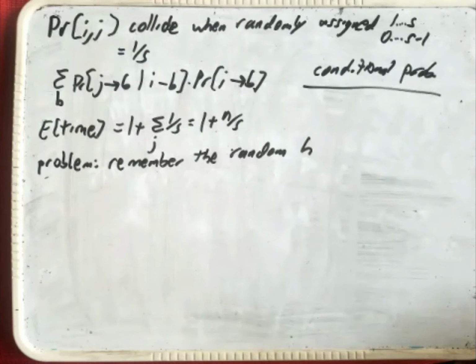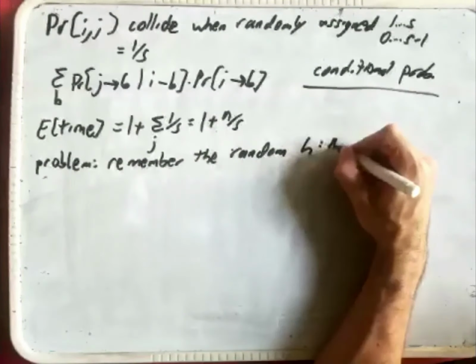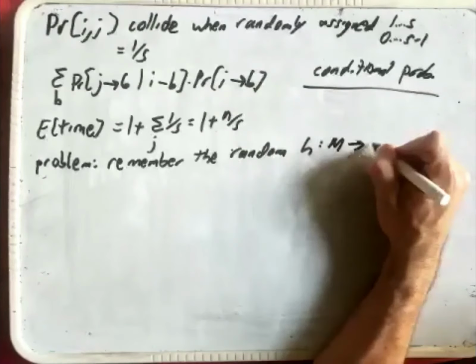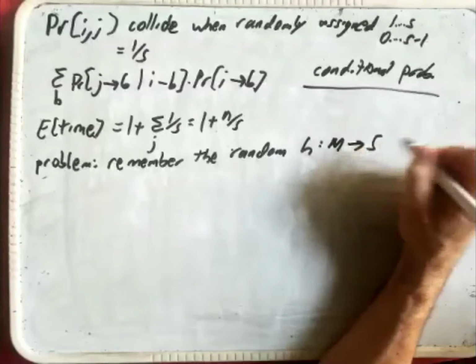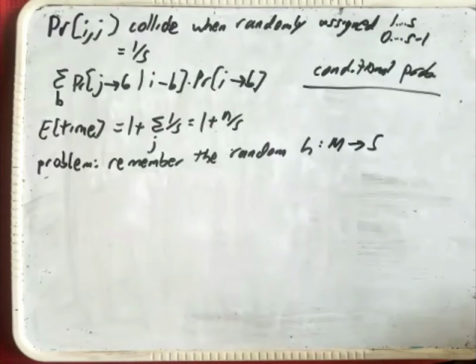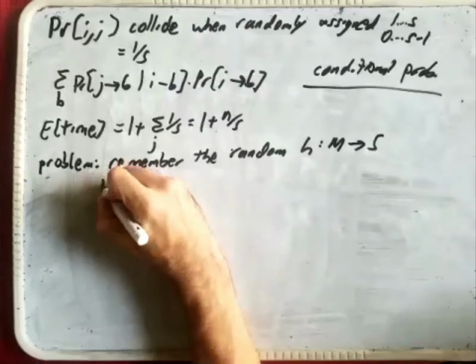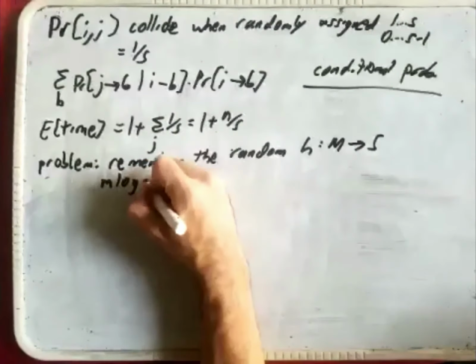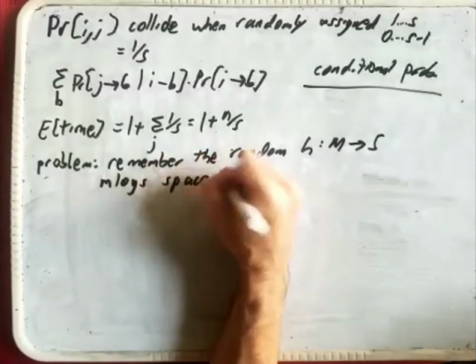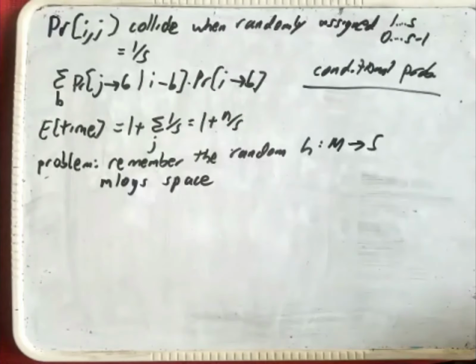How much space does it take to write down a random function that maps from m items to the interval of S positions? Takes M space, right? It's actually M log S, because it turns out that there's nothing better to do than just write down every value of H for all of the possible inputs.